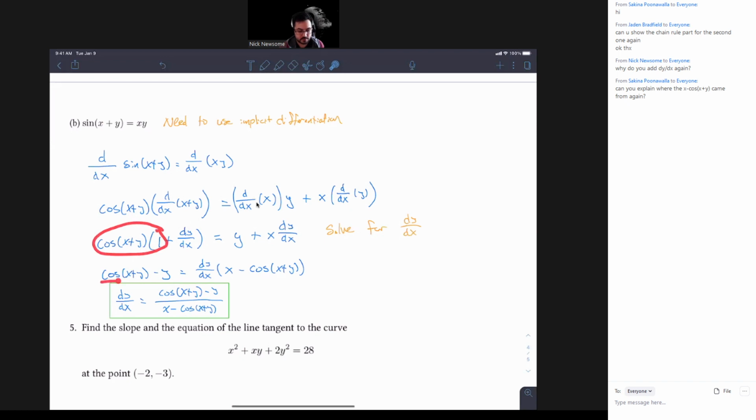So that's where this one came from. And then I subtracted the cosine x plus y times dy dx over here. It's just the algebra and solving for this thing.